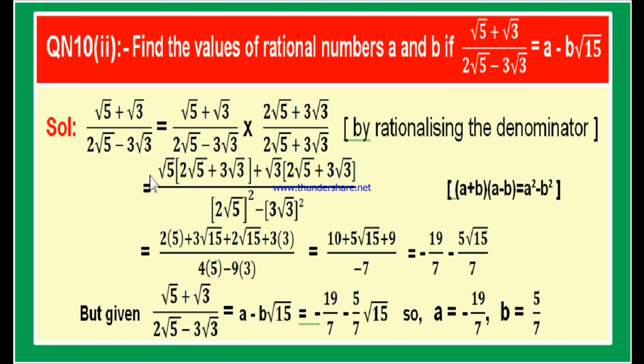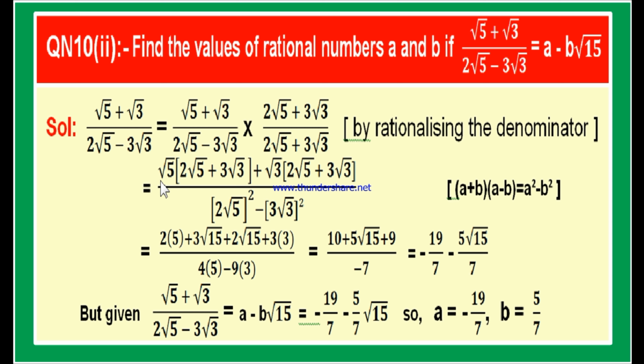Therefore, this is 3√15, plus √3 into √5 is √15 and there is 2 before, therefore this is 2√15, plus √3 into √3. √3 into √3 is 3 and there is 3 before. Therefore, this is 3 into 3.